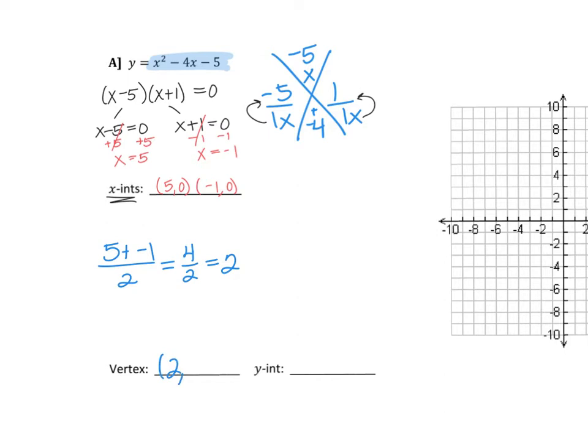That's the x value of our vertex. To find our y value, we're going to take 2, put it back into our equation, and solve for y. So we'll have y equals 2 squared minus 4 times 2 minus 5.